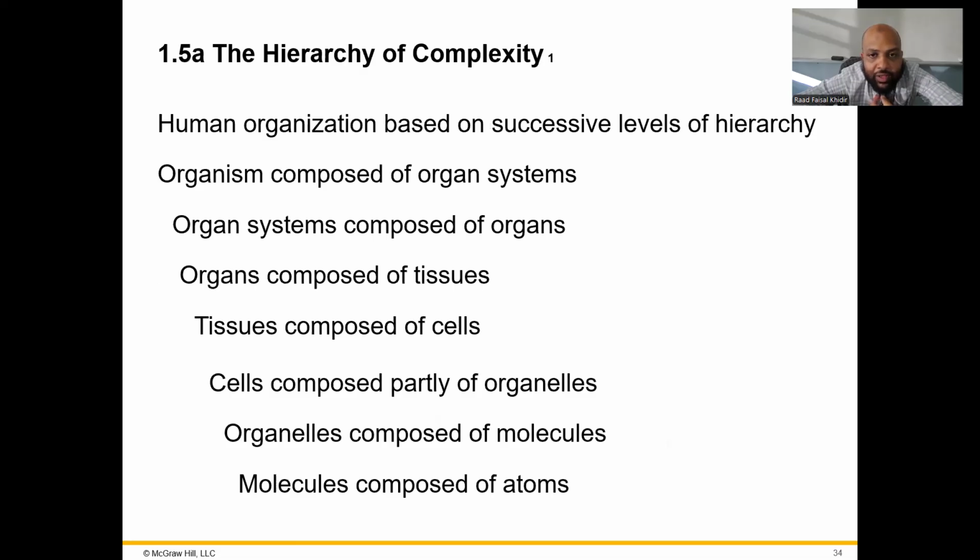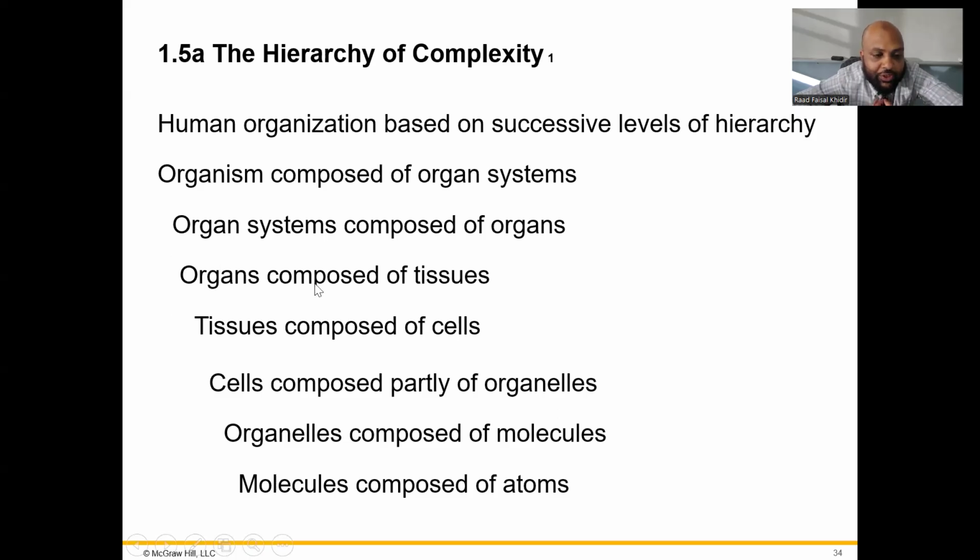The hierarchy of complexity. So we talked about that. Who's at the base? The base is the molecules and the atoms. On top of the molecules and atoms, who do we have? Organelles, composed of molecules. On top of the organelles, we have cells, composed partly of organelles. Then tissues composed of cells.